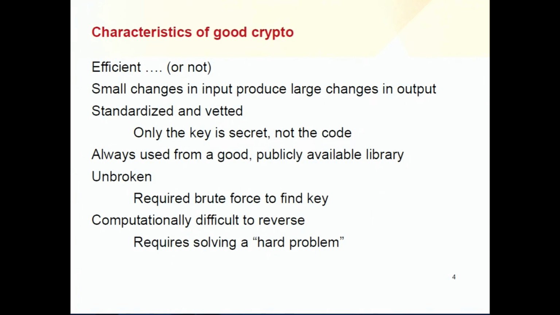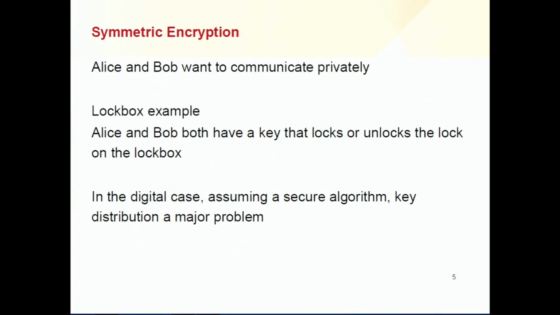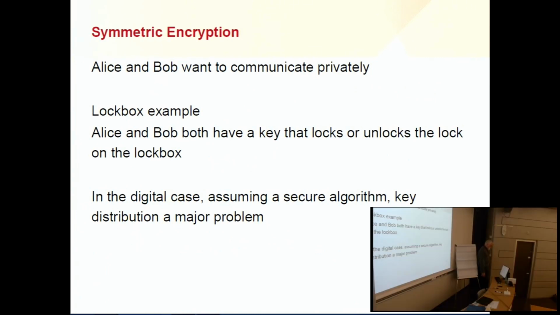For instance, some of the weaker hashing algorithms are now considered broken. And it should be computationally difficult to reverse. In other words, you have to solve a hard problem to come up with the key. So symmetric encryption, that's the first one, sort of the easiest.